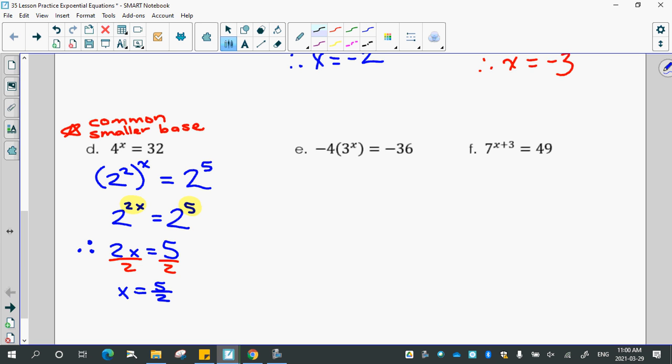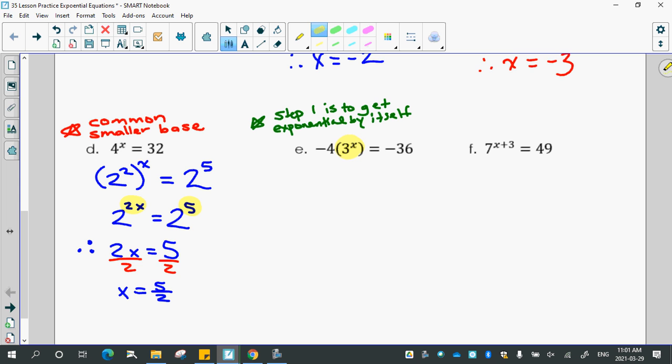All right, and E is also good. Step 1 is to get exponential by itself. So when you see one like this, and more often you'll see one like this in word problems when we get to those on Thursday, you want the exponential part, which is this part, by itself on one side.